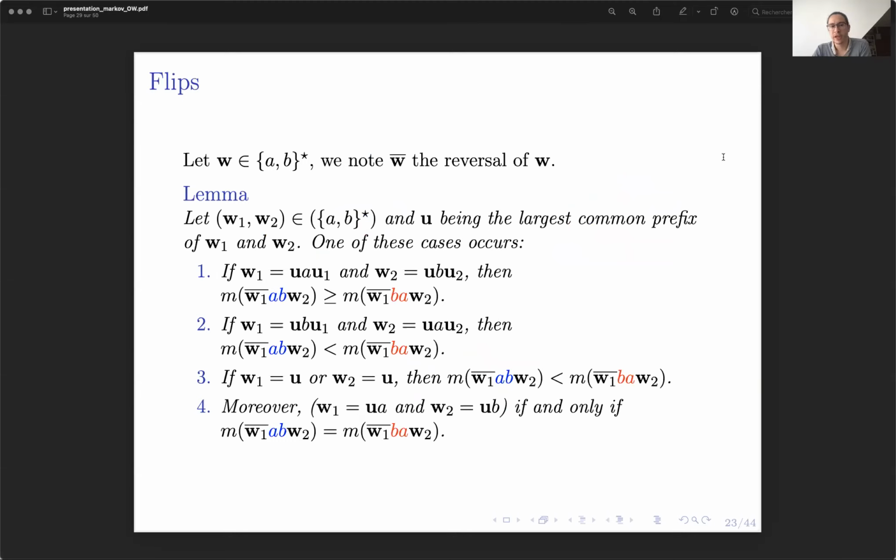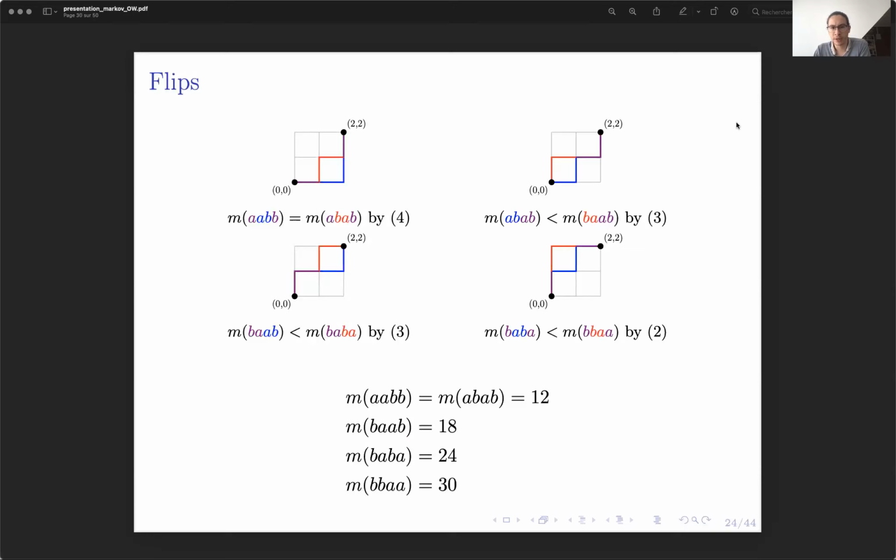So we define some flips, which are when you have AB and transform that into BA. So you reverse a square if you want. And we add some inequalities and some cases of equality. Visually, it's this. So if you go from the blue world to the red world, the purple parts are the same.